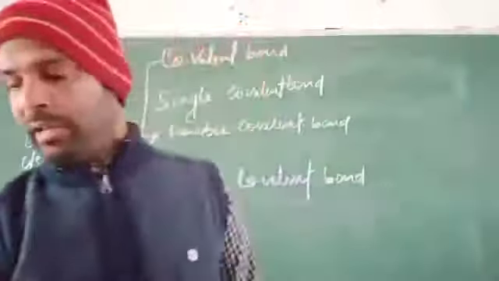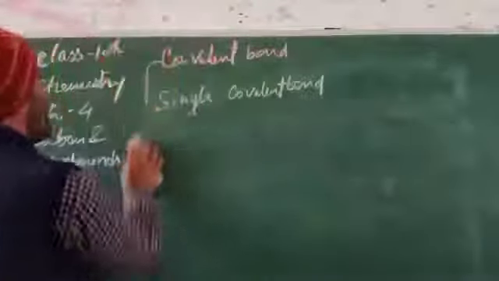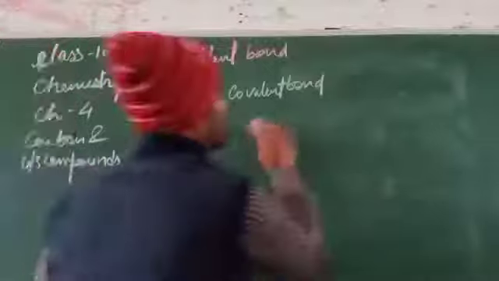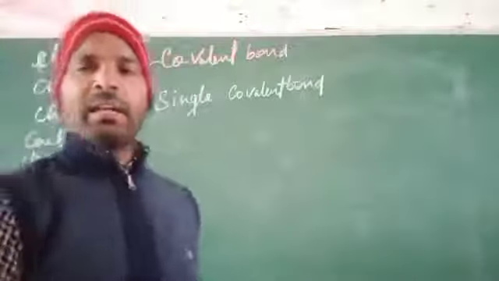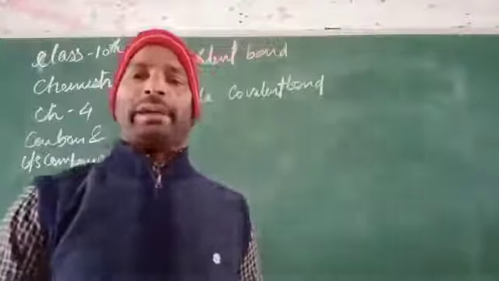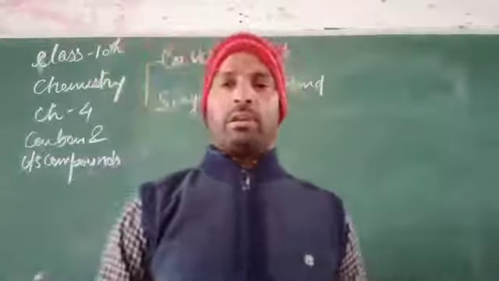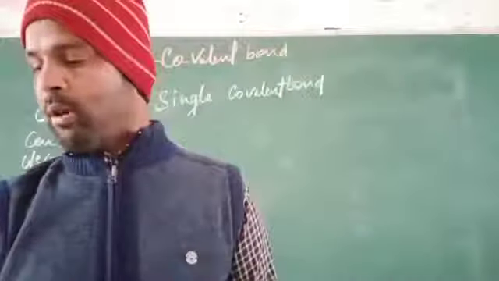On that basis, we will first study the single covalent bond. What is the single covalent bond? A single covalent bond is formed only when a single pair of electrons is shared from one atom to another.